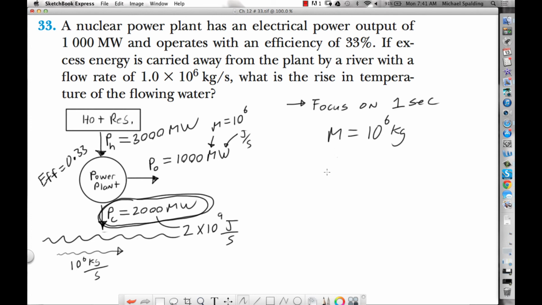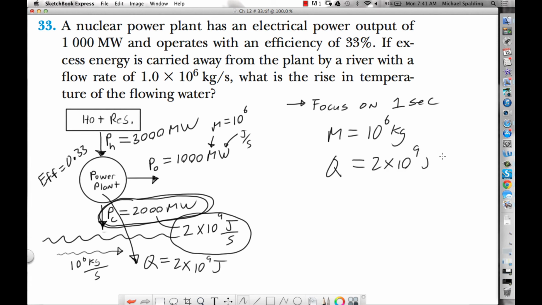How much heat energy, because look, what's the power plant doing? The power plant is dumping heat energy into the river. How much heat energy gets dumped into the river in 1 second? It's right here. 2 times 10 to the 9th joules, right? So now we got Q.